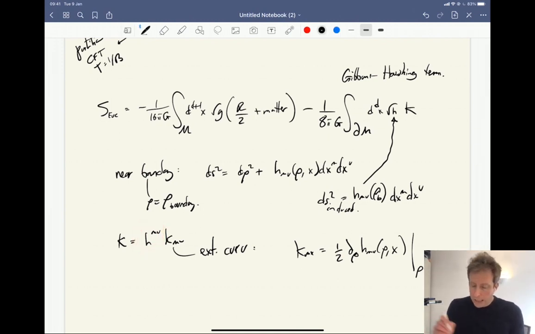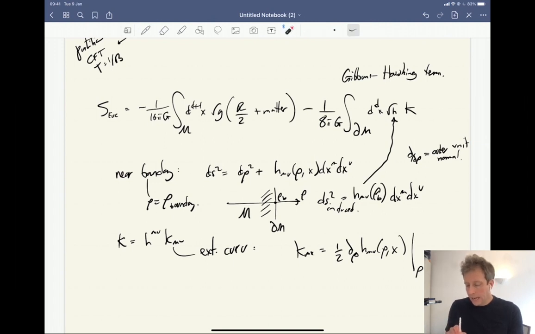Note, I should just say, let's say we've got rho here, and this is our interior, and this is rho b, where we think of d by d rho as the outer unit normal to the boundary, meaning it's pointing out of the geometry.